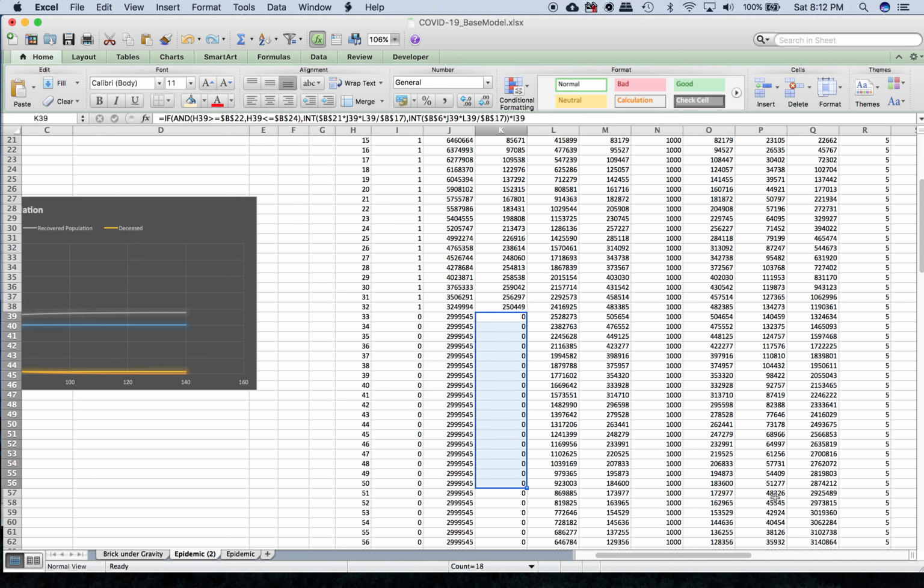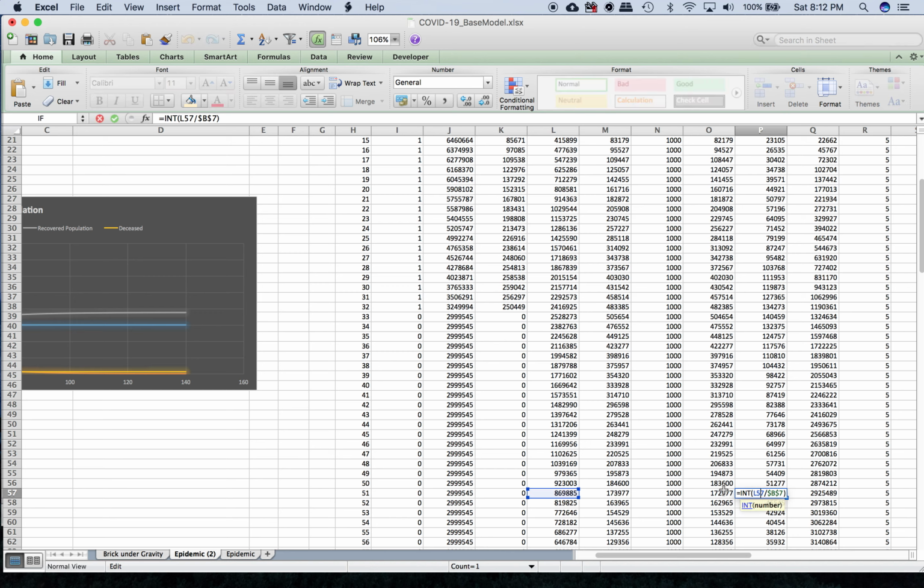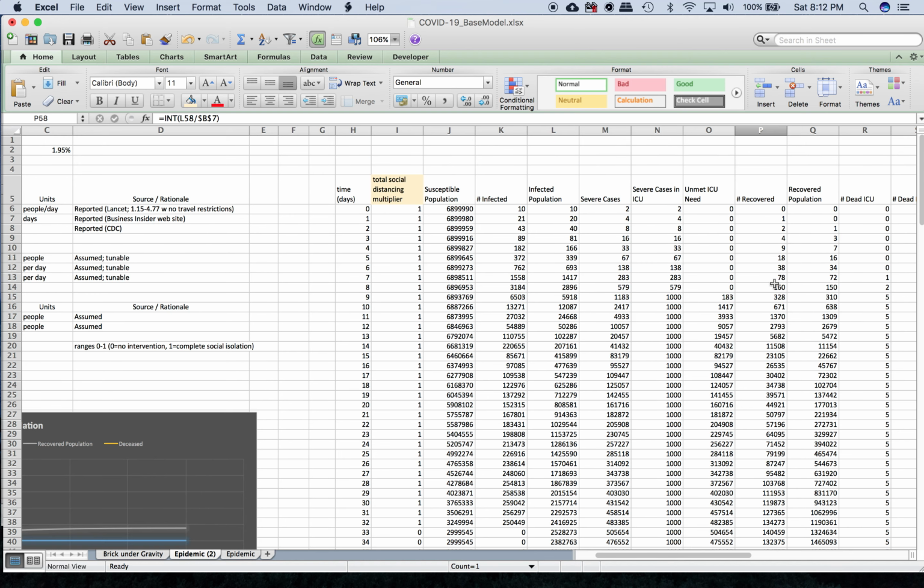So after day 50, you should see no change in the number recovered because everyone that was infected has had 18 days of quarantine. They're all recovered. But because of the way recovery is calculated, you can see here it's multiplying. Well, actually, I'm going to go further up here so you can see. Okay, so it's multiplying.